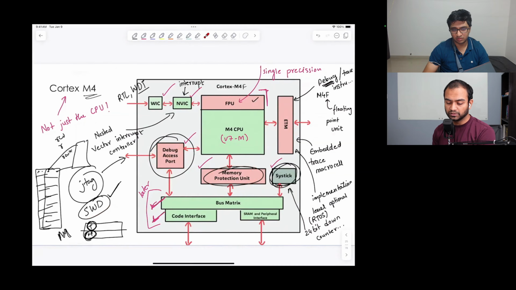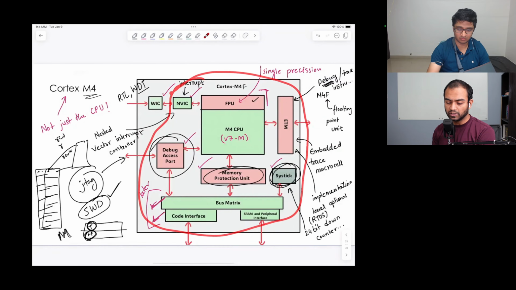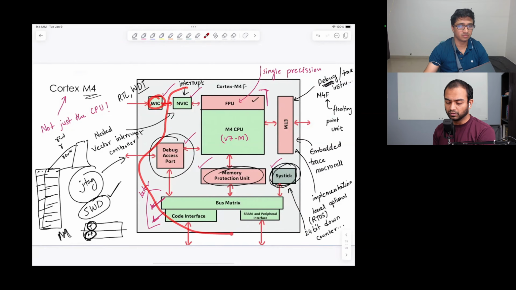NVIC is the nested vectored interrupt controller that will deliver interrupts to the CPU. FPU is the floating point unit. WIC is the wake-up interrupt controller. In low power state, all of this logic will be sleeping, and if a certain kind of interrupt comes, then the WIC will catch it and wake up the logic, and then it will be delivered to the CPU.